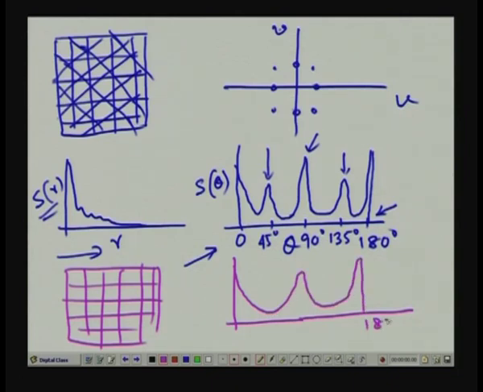So, this is 180 degree, this is 90 degree and this is 0 degree. Here you find that from this S theta plot I can clearly demarcate between this texture and this kind of texture. So, this S theta, this one dimensional function, provides a very important descriptor which can be used to describe texture as well as to discriminate among the textures.